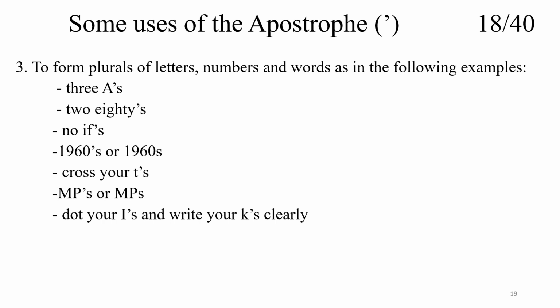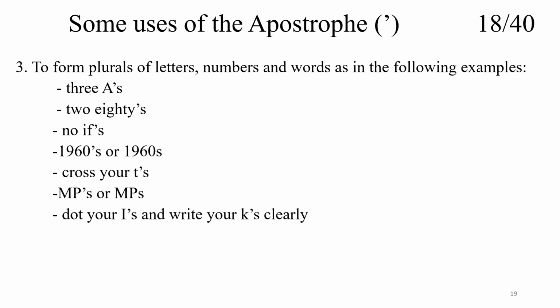I'm referring to instances where I had more than one A. Then 2 80's, meaning I had 2 80's when I measured the quantities or something like that.